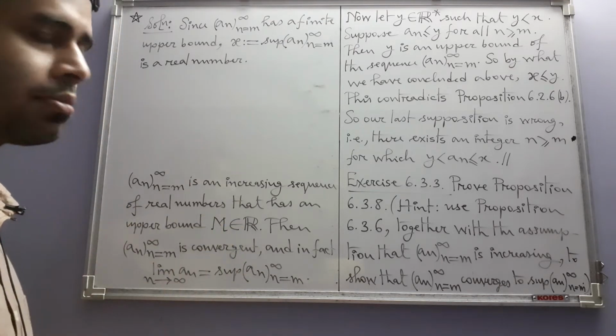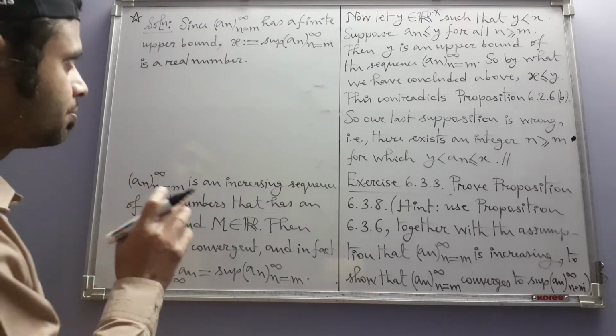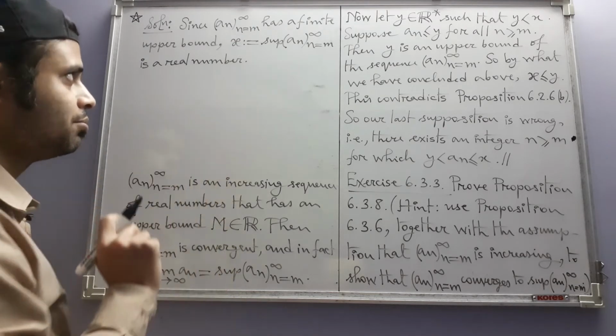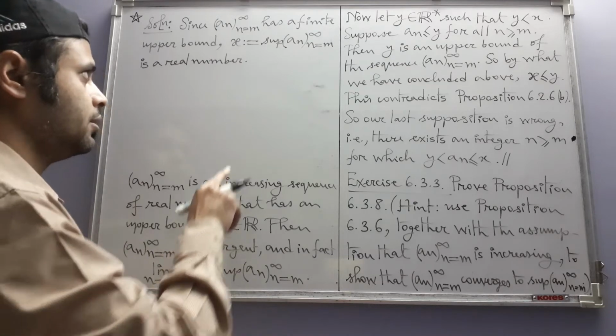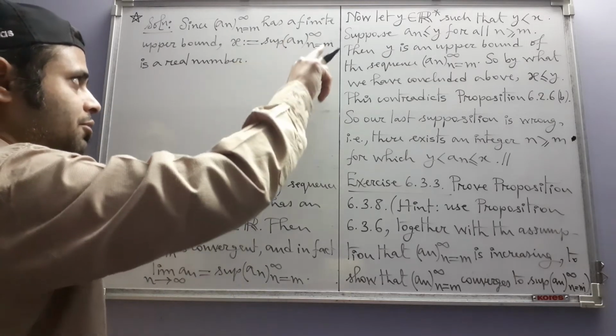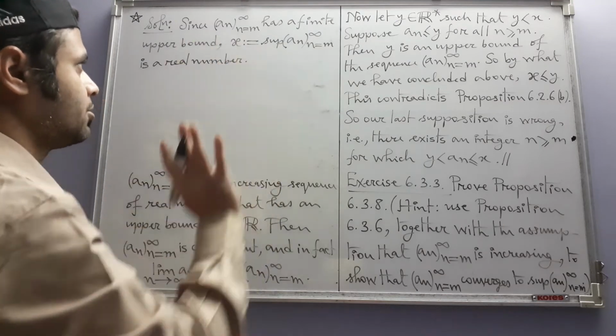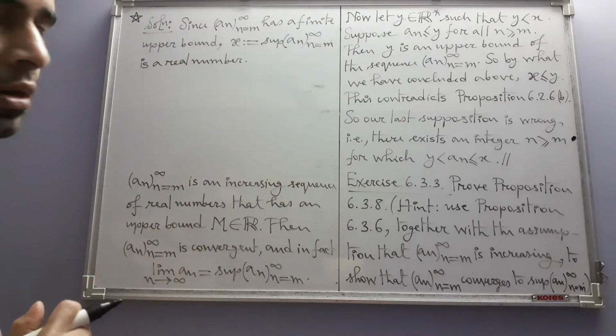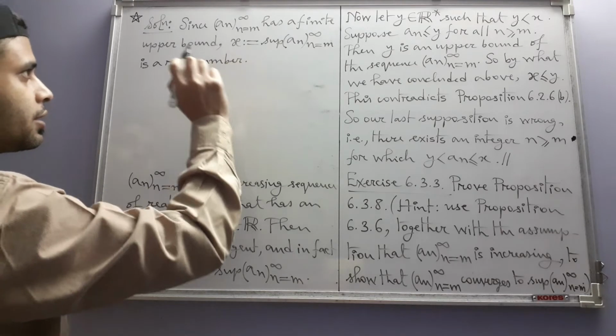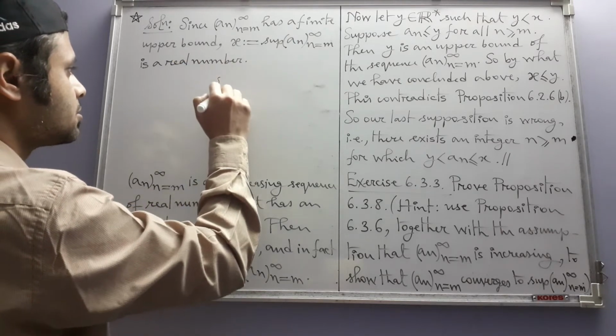So by the least upper bound property, the supremum of that set will itself be a real number, and consequently the supremum of this sequence, which is the same as that supremum by definition, is also a real number. So x is a real number, and x is the supremum of this set.